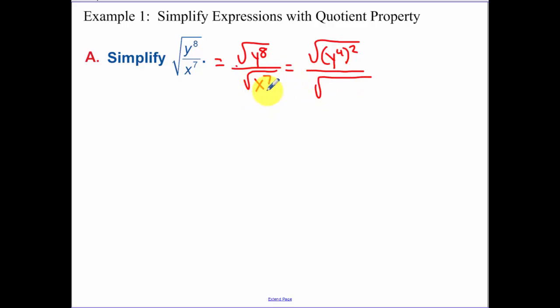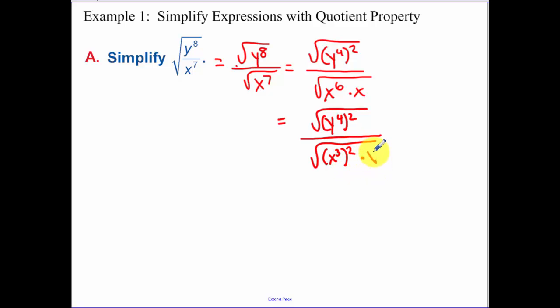Now x to the 7th. Since 2 doesn't go into 7 evenly, I'm going to have leftovers. So I'm going to have x to the 6th times x, which then simplifies to x to the 3rd squared times x.